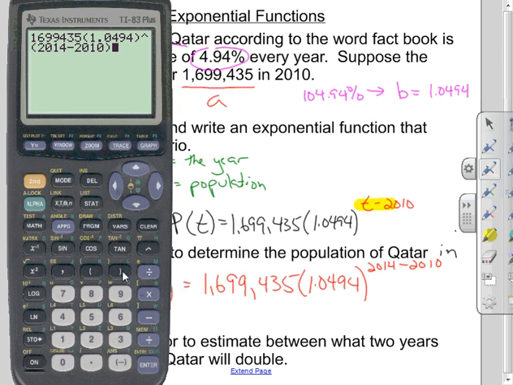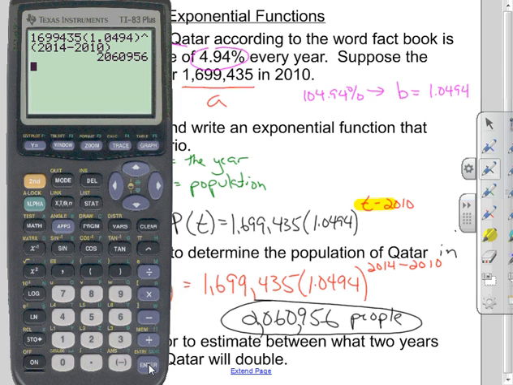And if you notice, I put that in parentheses, so it would be all one number in the exponent. So this gives me roughly 2,060,956. Put in my commas for clarity, and it's people for the population. Okay? So I built the function, and then I used the function.